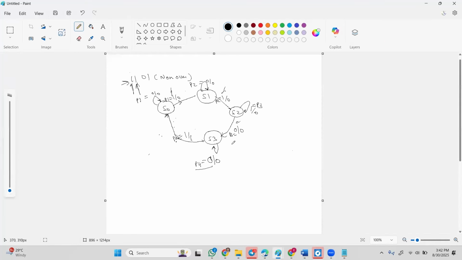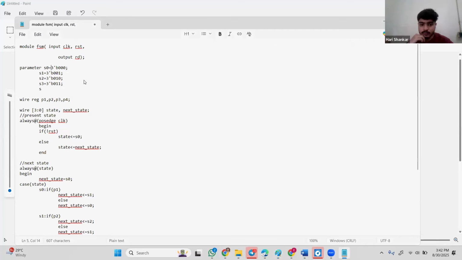It will be like at S naught only. If the input is 1 and output 1, then it will go to S naught. Okay. I will change it in the code also. And I need to take only 2 bits here.